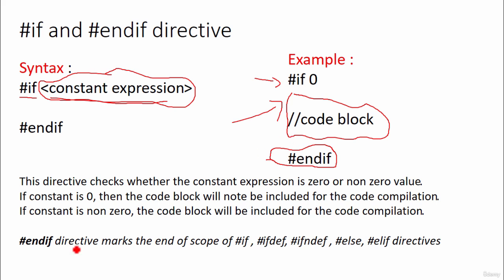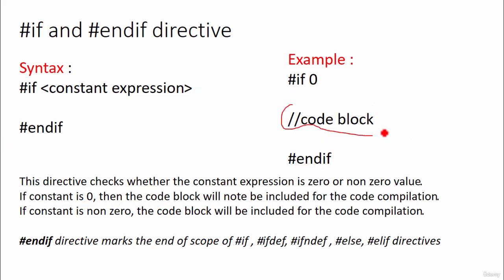Please note that. This directive checks whether the constant expression is 0 or a non-zero value. If the constant is 0, then this code block will not be included for the code compilation. Remember that. It will be excluded from the compilation itself. These preprocessor directives are handled by the preprocessor stage of the compilation, so the preprocessor will remove this code in this case.